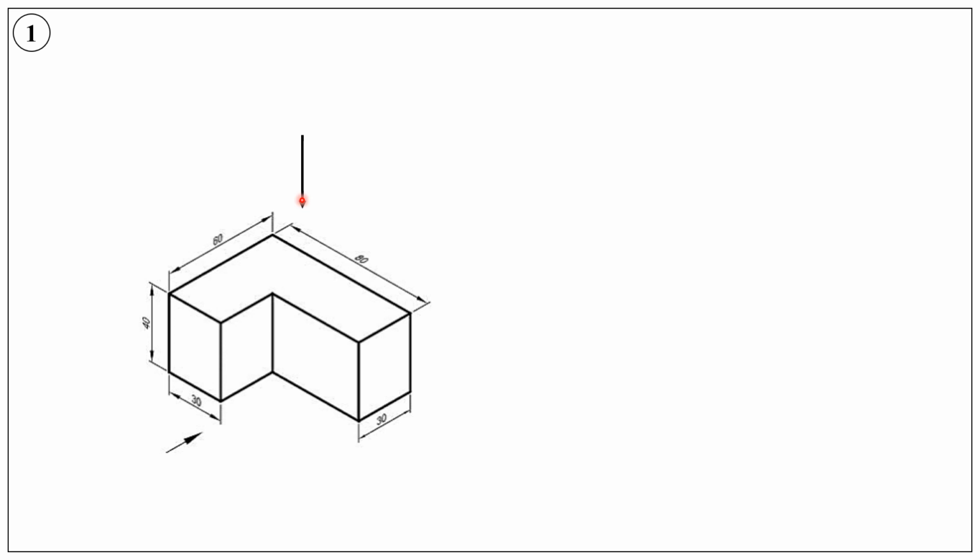We follow first angle projection in that the object is in between the observer and the plane of projection. The plane of projection HP therefore is below the object like this. Onto this horizontal plane, we need to obtain the top view, or we need to project the image.